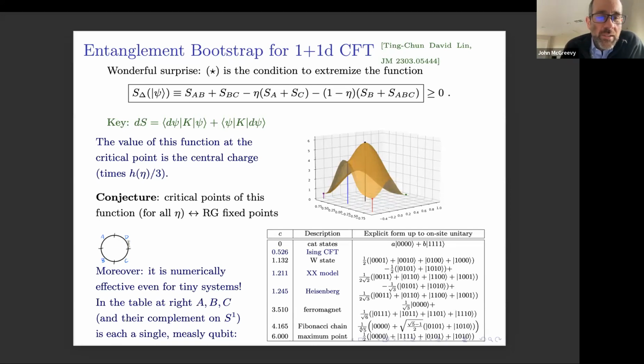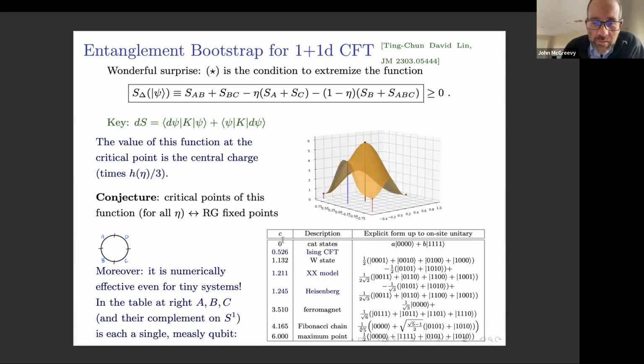I'm going to look at states which are translation invariant and time reversal invariant for simplicity, and look at this function on the space of 4 qubits. It's a six-dimensional space of states, and David, using Newton's method, searched for the critical points of this function, and here's what he found.